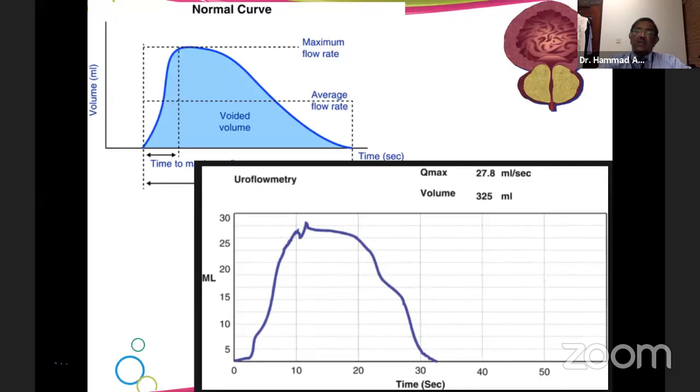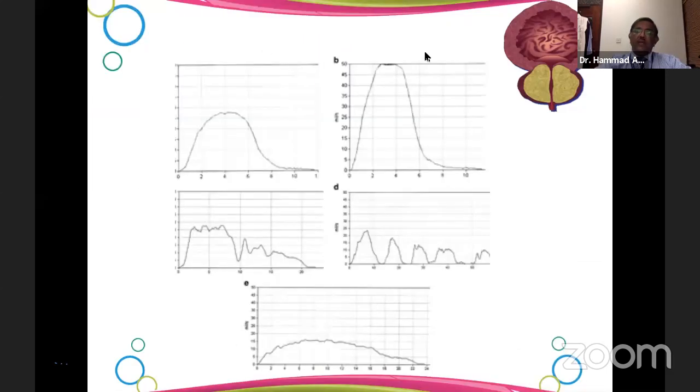And this includes various curve types that would define various types. So this is the typical curve of a patient with BPH, in which there is a fairly good stream in the beginning, and then the stream keeps going down with time. And this is typical of a prostatic curve.